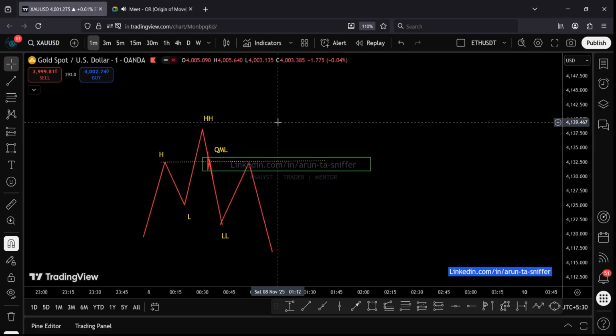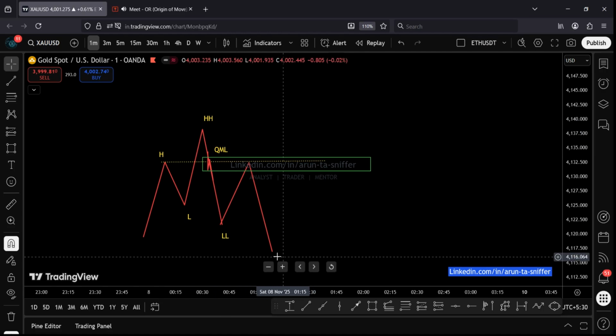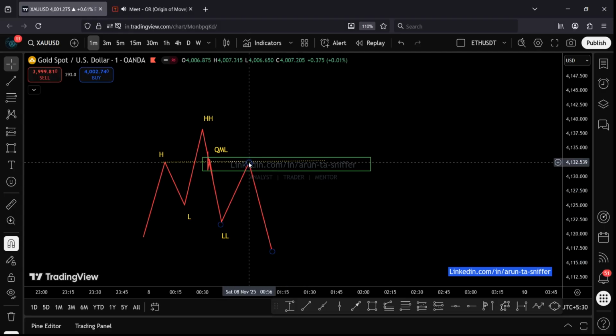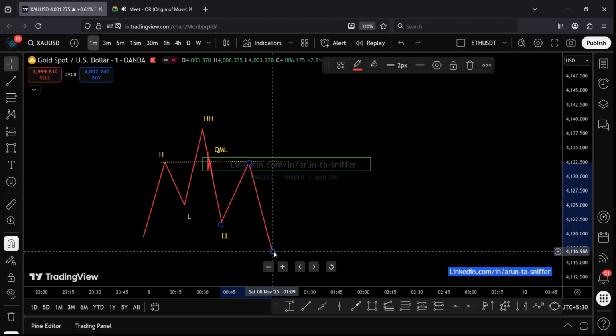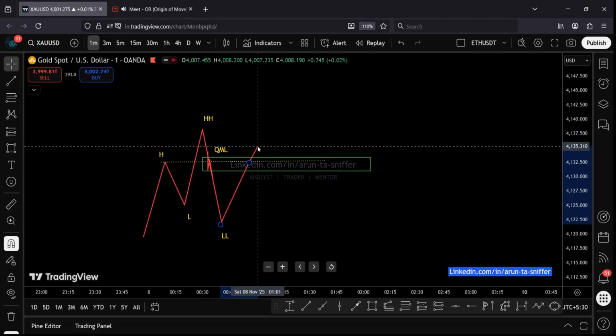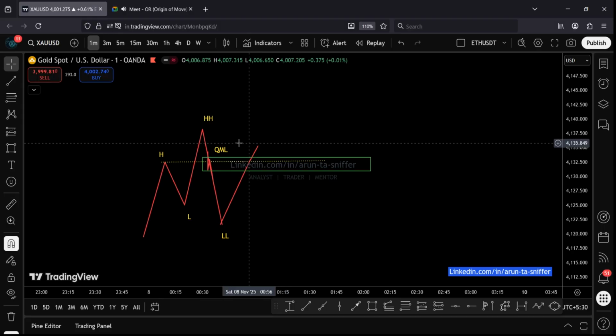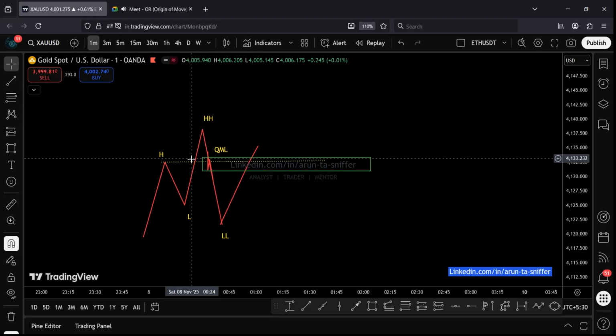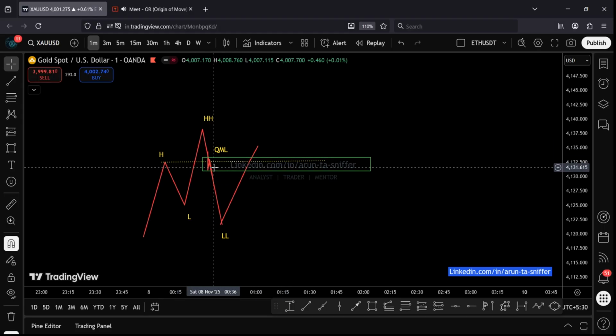But sometimes what happens, price will go here, but what this will do, this will go like this, cross the QM level. Our QML, this is the QM level, this is what we called LSK, this is what we call DP as well. If you remember, DP, LSK, QML are almost at the same level.